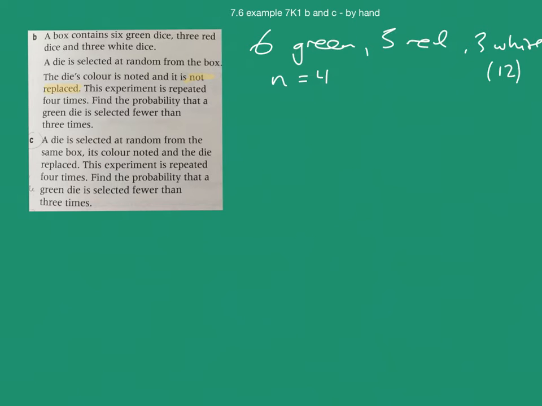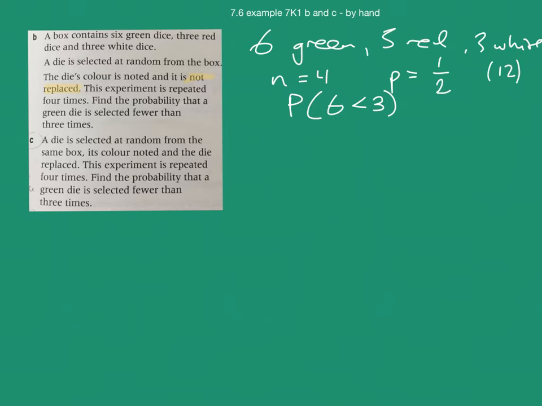Now, our probability here is, okay, on the first pick, the chance of getting a green die is 6 out of 12, because 12 is the total. So the probability is, again, 1/2. So we could just write 1/2 like this.